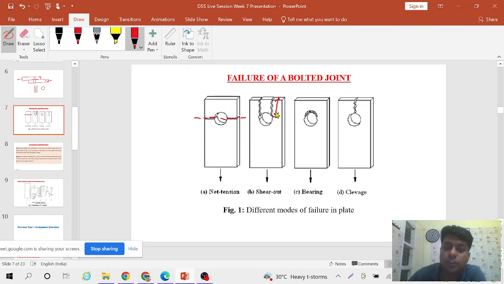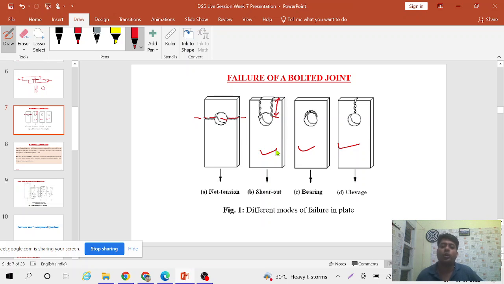By providing the required end distance, we can prevent this failure and this failure. These types of failures can be prevented by providing proper end distance. That is why we are already providing proper end distance, and that is why in our design we don't consider these three types of failure.